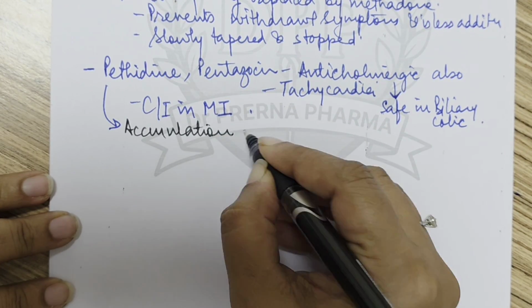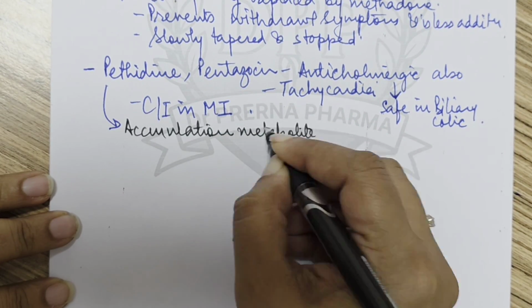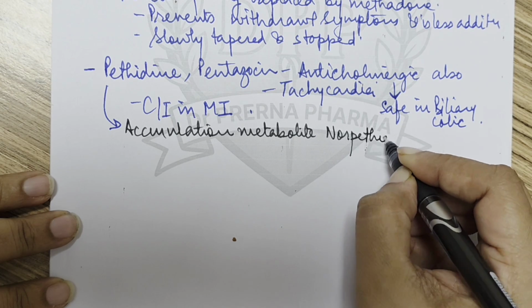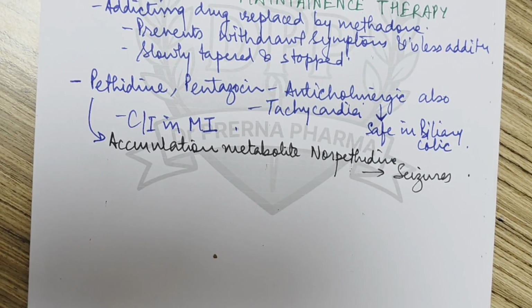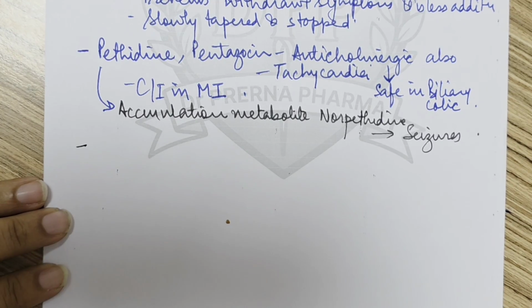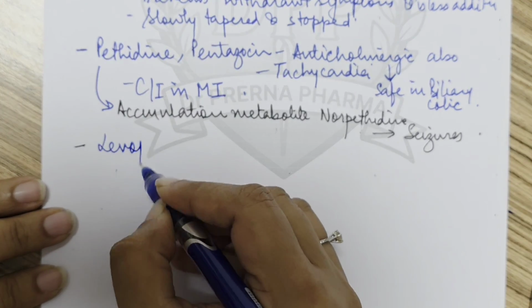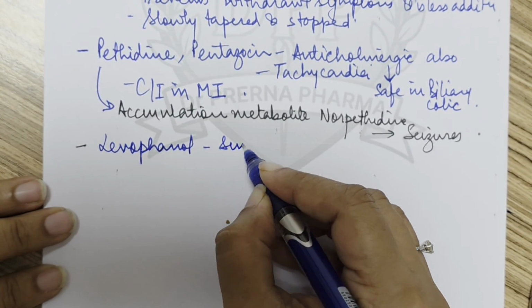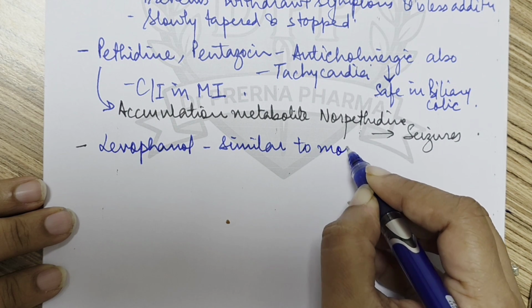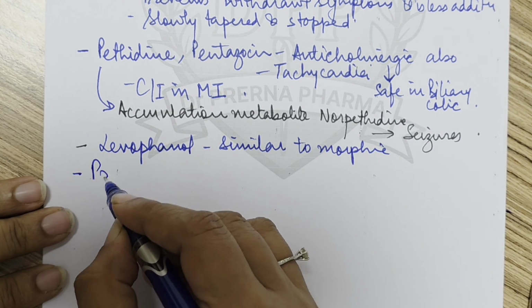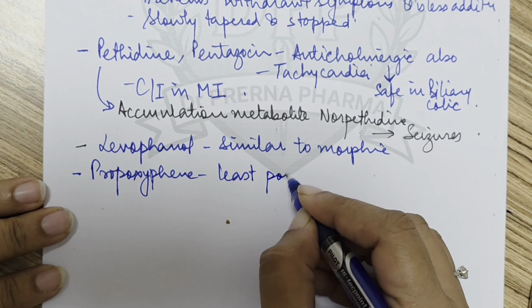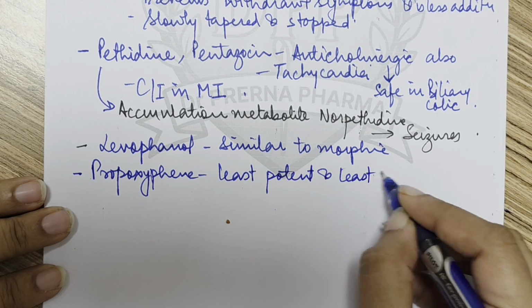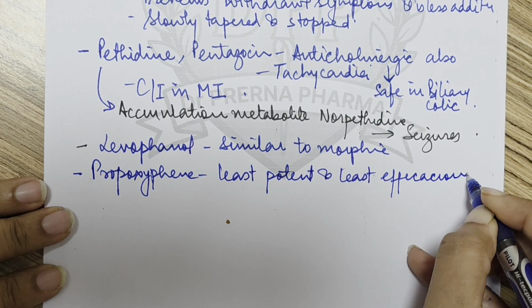Accumulation of metabolite, that is norpethidine, can result in seizures, right? Can result in seizures. Then next drug that we have is levorphanol. It is similar to morphine. Then we have propoxyphene. It is least potent and least efficacious analgesic.